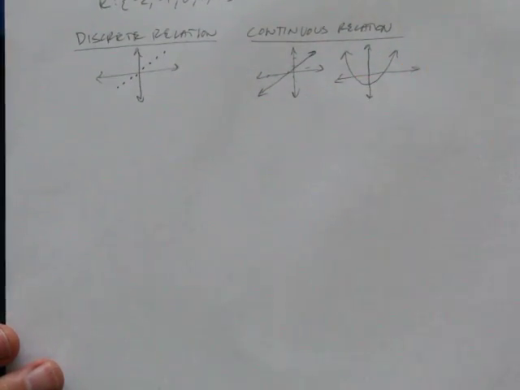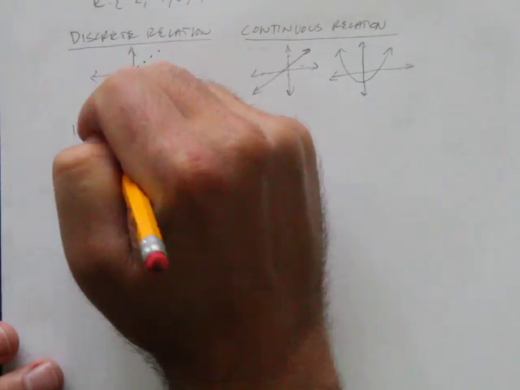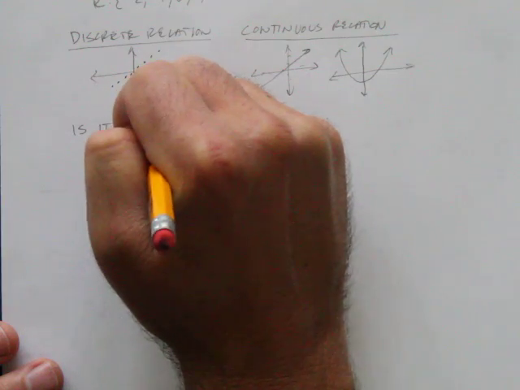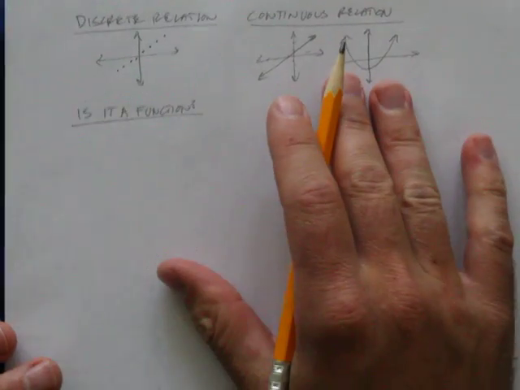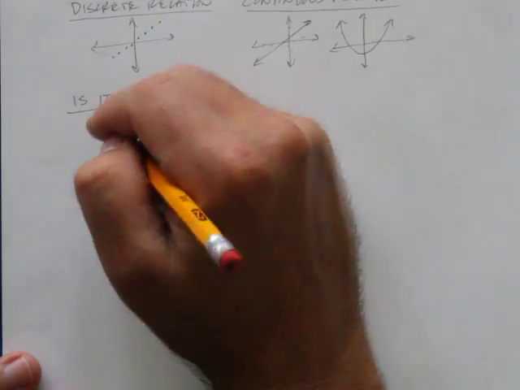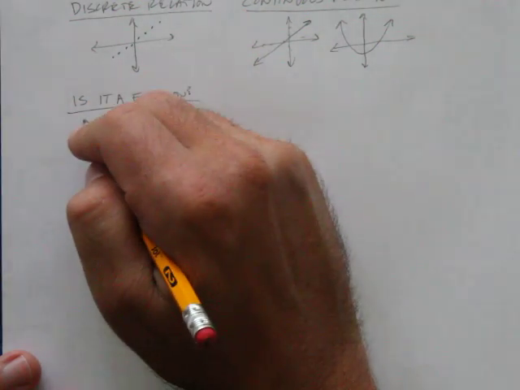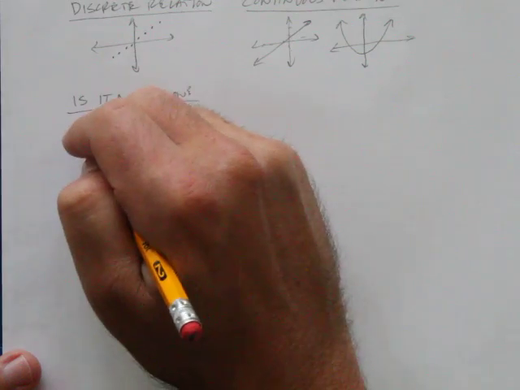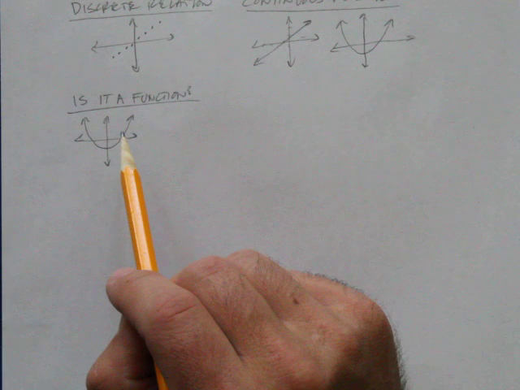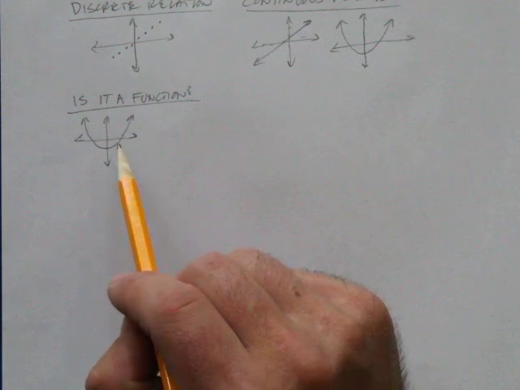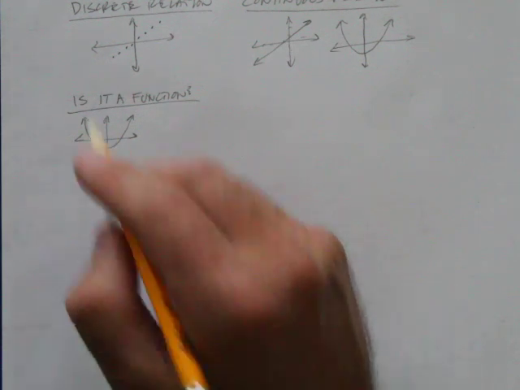Now let's keep going. The next part that we want to look at is: is it a function? So I'm going to draw a coordinate plane. I'm going to draw a parabola like this. Is this a function? So how do I know if this is a function or not? For every x value, there needs to be only one y value.